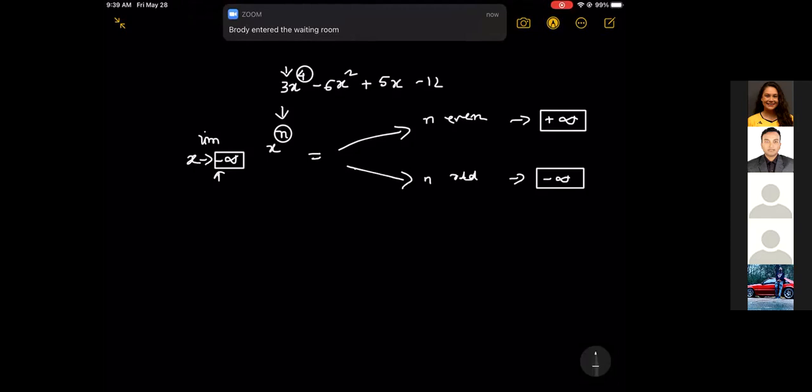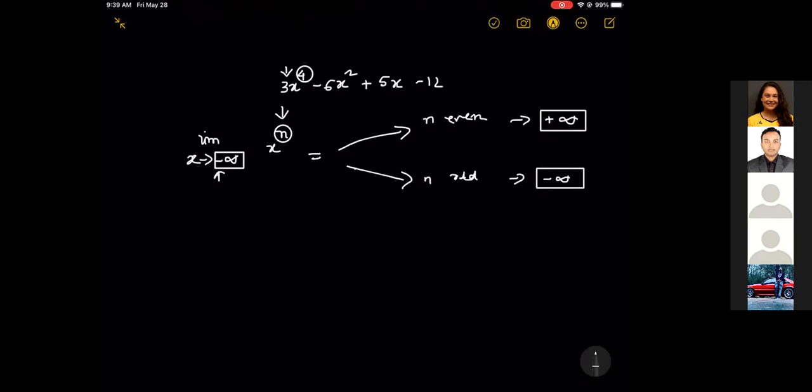The sign of the infinity actually depends on the degree of the polynomial, that means the highest power, the highest exponent, and the leading coefficient. That means if you have any coefficient with the highest power of x, it could be 1 anyway.